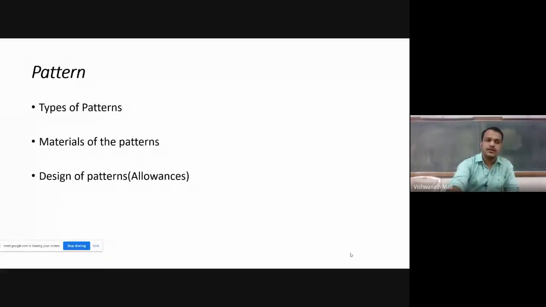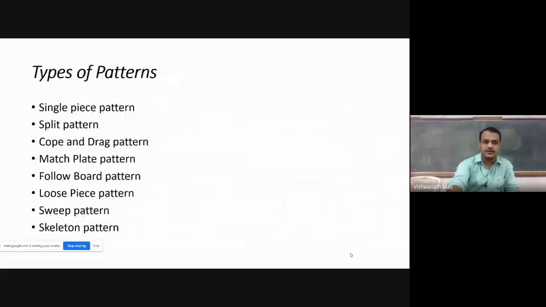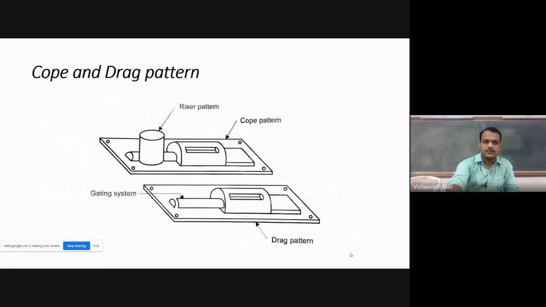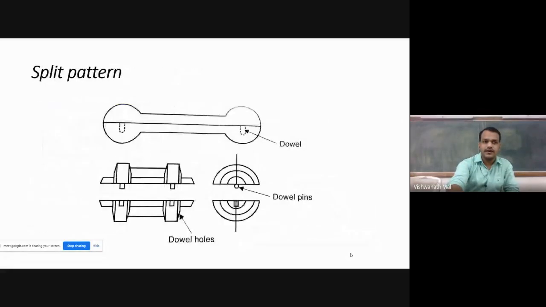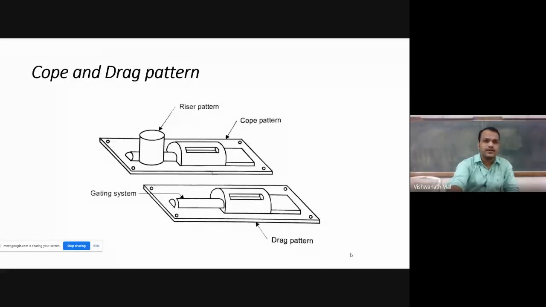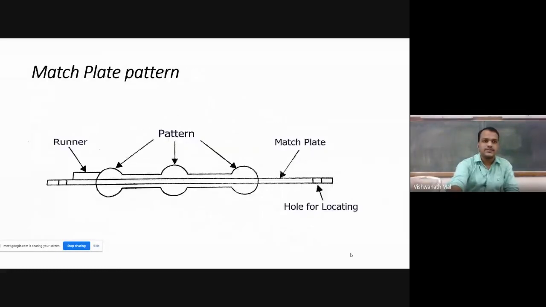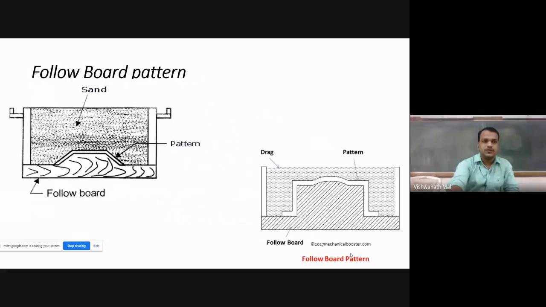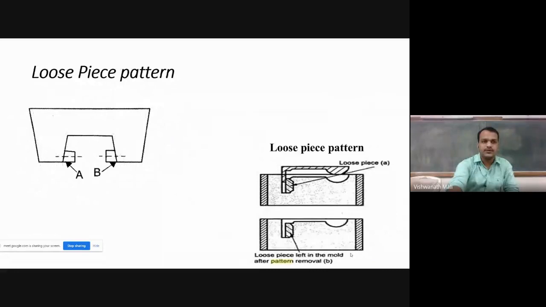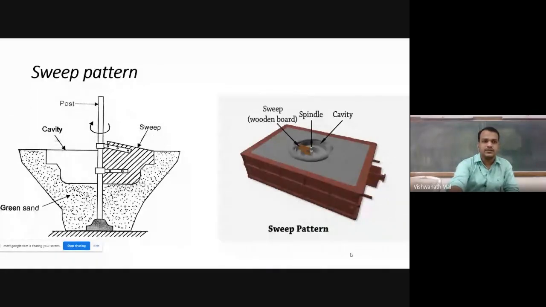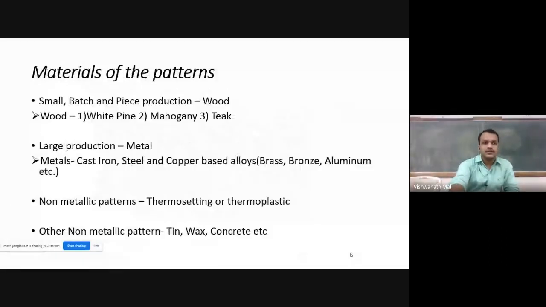These are the types of pattern which we already studied: single piece pattern, split pattern, cope and drag pattern, match plate pattern, follow board pattern, loose piece pattern, sweep pattern, and skeleton pattern.